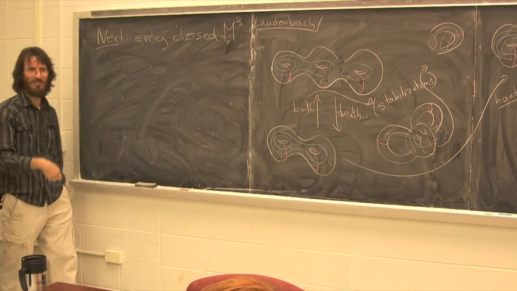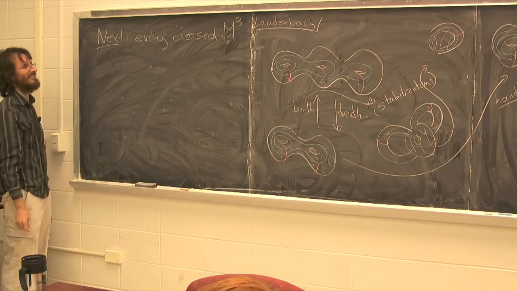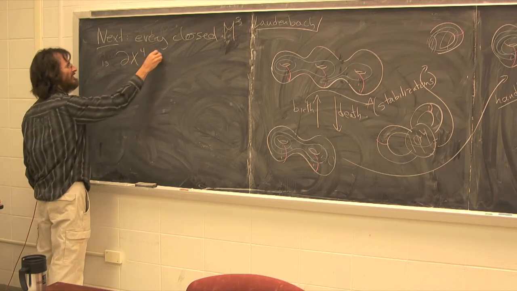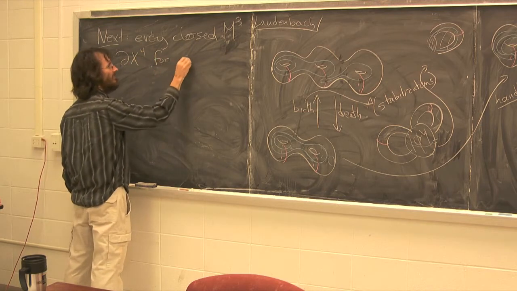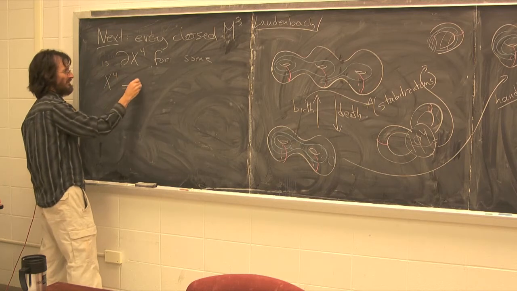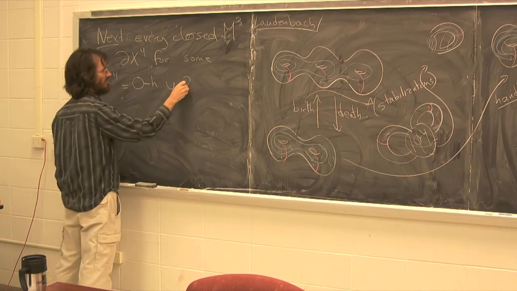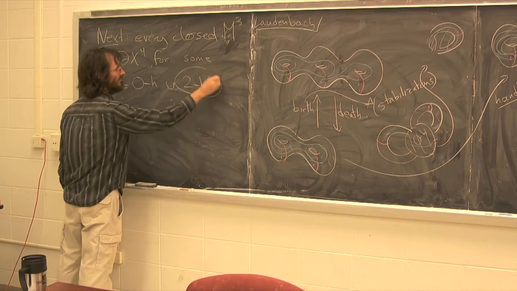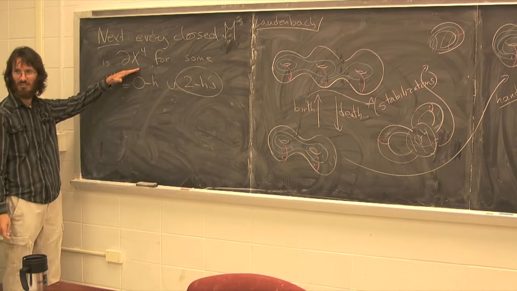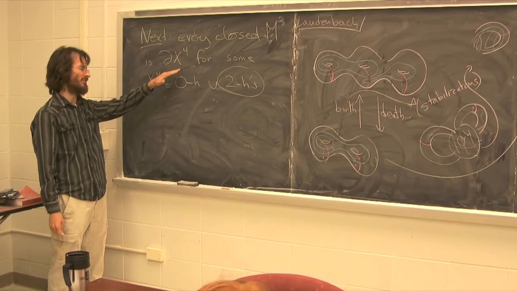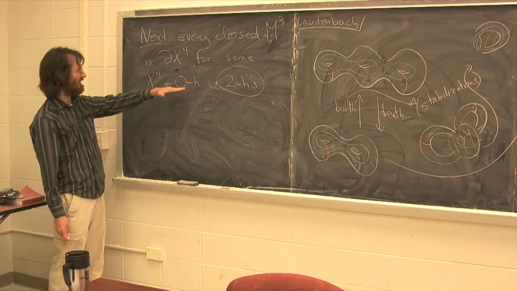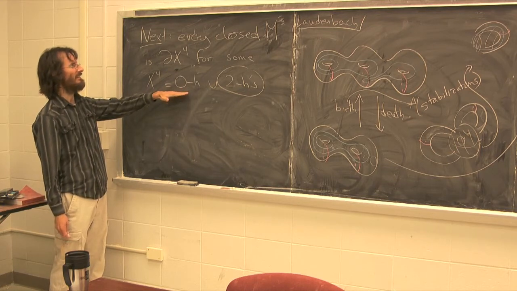M is usually the boundary of something, so if I call something M, it's going to indicate it's the boundary of some X4, which equals a 0 handle union some 2 handles. So in other words, first of all, it's the boundary of a 4 manifold. Secondly, that 4 manifold can actually be chosen so it doesn't have any 1 handles or 3 handles in it.